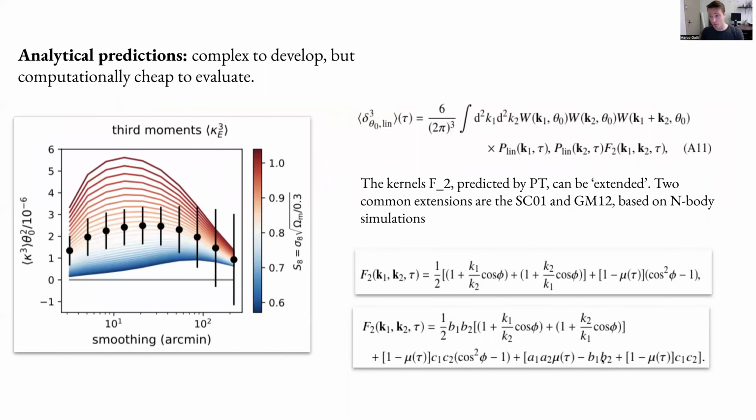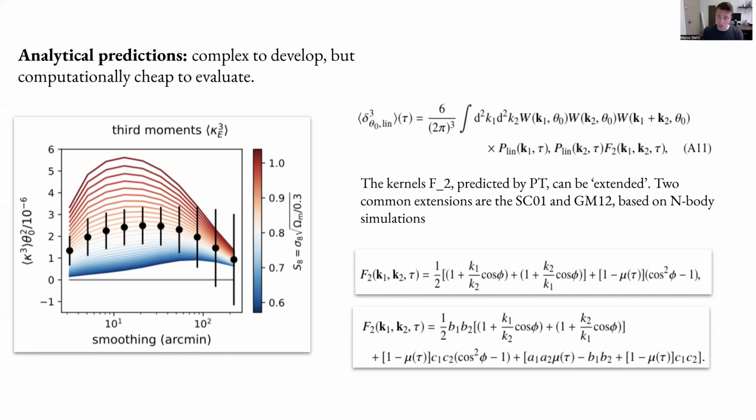A few more words about the first approach, because this is what I used and developed. Basically, my model predictions are based on perturbation theory. This is the analytical expression for the third moment of the matter field. Then you can put in some lensing kernel and integrate along the line of sight, and you get the third moments, or the skewness, of your lensing mass map. These are valid only until certain scales.